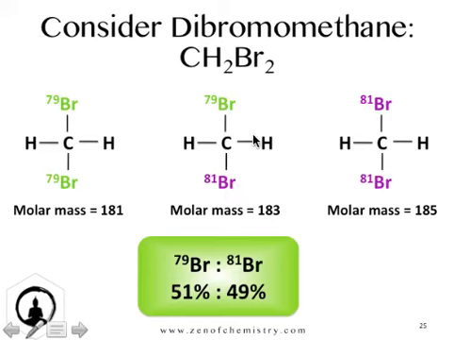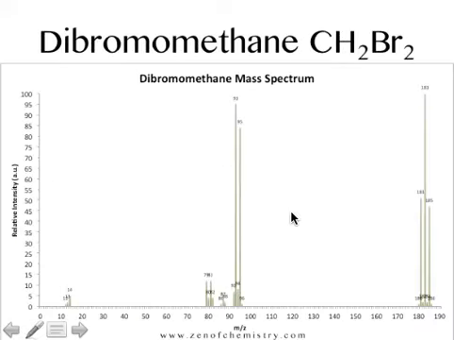It's the same molar mass, but a different configuration. So our 183 peak is going to be our largest. We're going to have the most dibromomethane molecules with one each of bromine-79 and bromine-81, and we're less likely to have two bromine-79s or two bromine-81s.